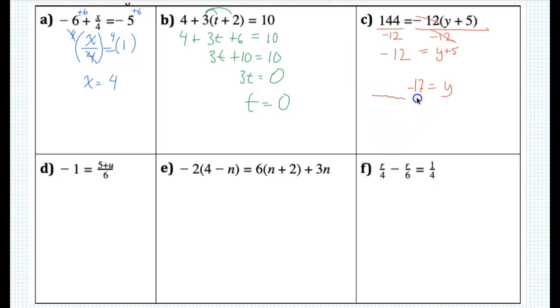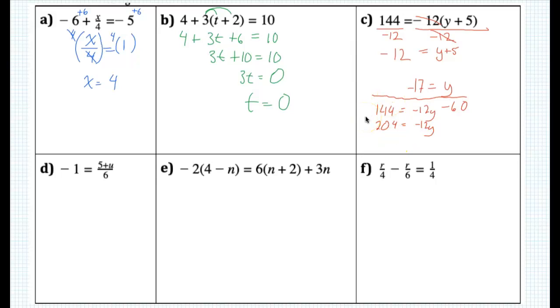Okay, now let's try a different method, where I did distributive property first. So 144 is equal to -12y minus 60, okay? So if I add 60 here, I will have 204 is equal to -12y. This might be a calculator one.